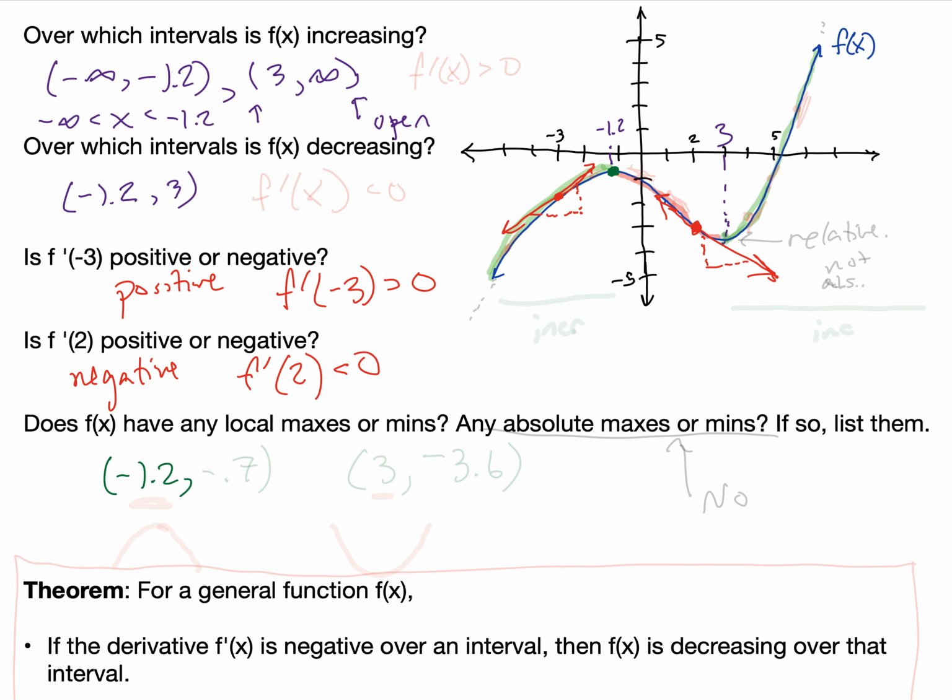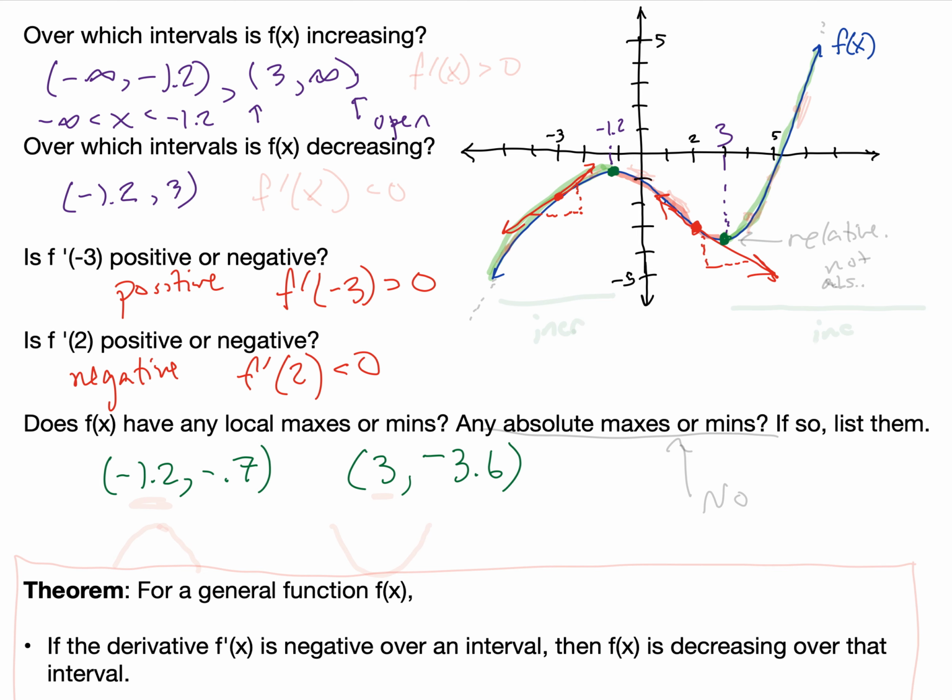Negative 1.2, comma, I don't know what the output is, maybe it's like negative 0.7. And the other one is here. This is a local minimum, and my x value is 3, and my y value maybe is like negative 3.6 or something. Okay, so the x value is what I'm particularly interested in.